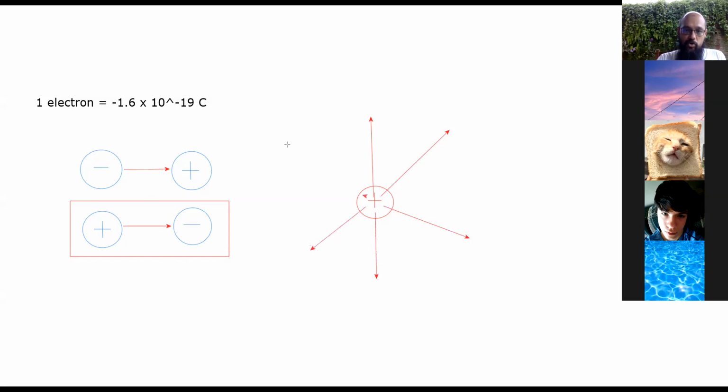Now, if I was to draw a smaller charge there and also make it positive, how would, by convention, I draw the field lines?